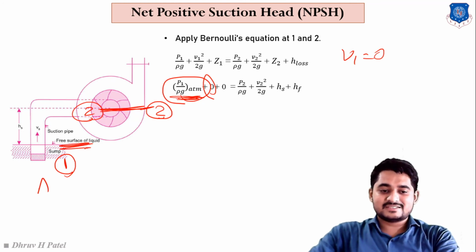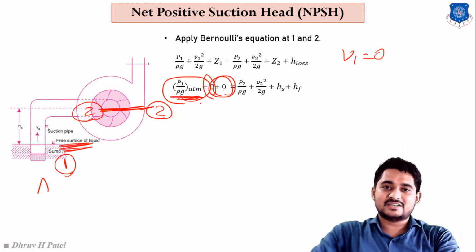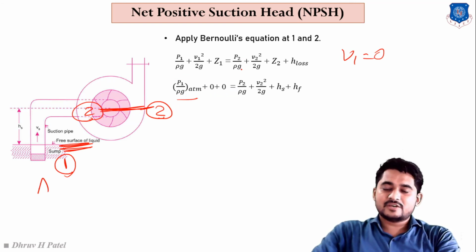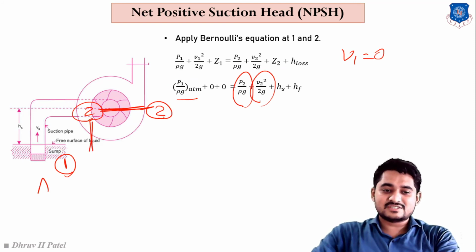Here the bottom height Z1 is the initial height, taken as 0. That means P2 by rho g stays as it is, V2 square by 2g is unknown, and Z2, there is only a minor difference between Z1 and Z2, so we can neglect Z2.